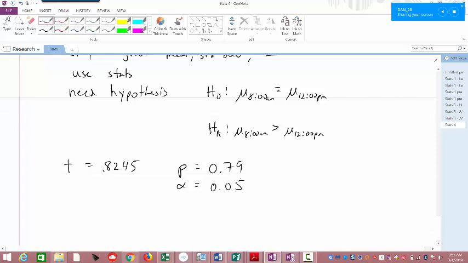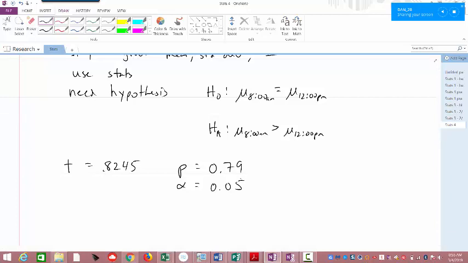So our alpha was 0.05. Look on the table to see what your test statistic is. We have an alpha level of 0.05 and how many degrees of freedom? Well, we have 30 plants in each group.